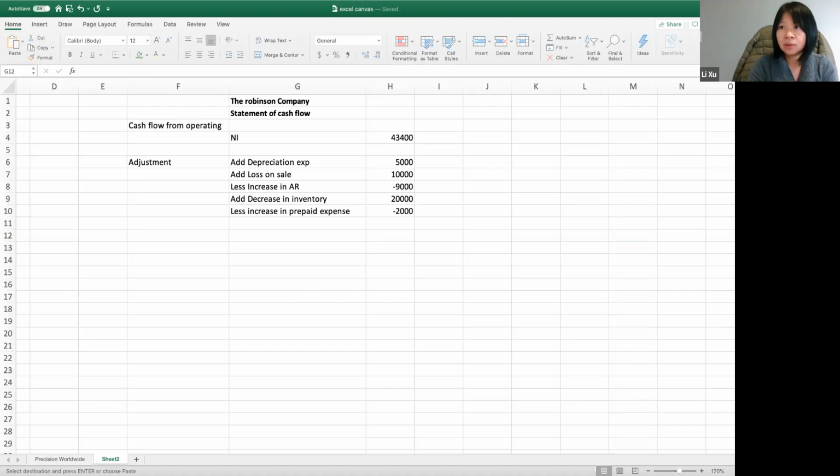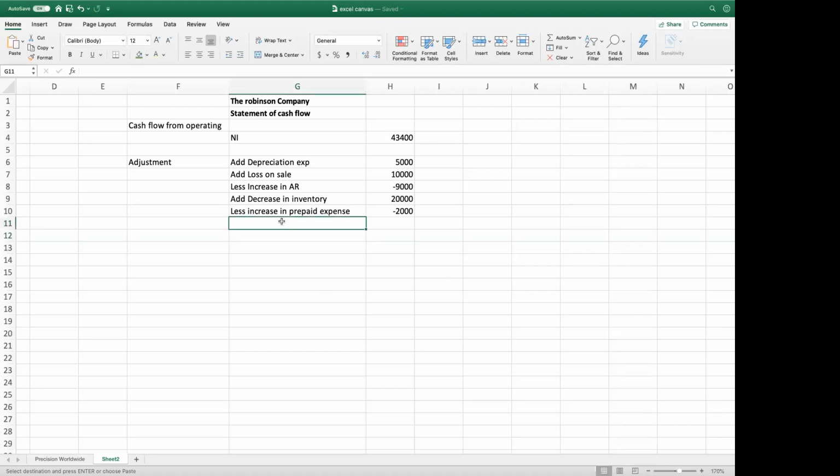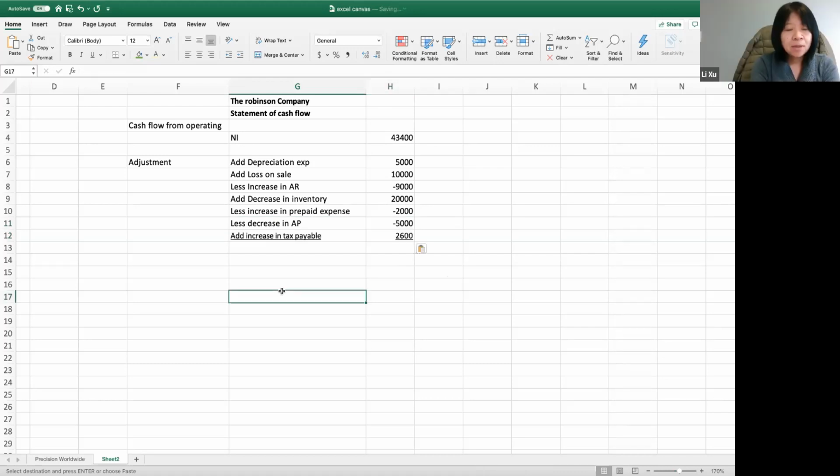That's it. We don't have anything else, like what I said. Look at the income statement, look at the current assets and current liabilities. That's everything you need to consider for the cash flow from operating section.